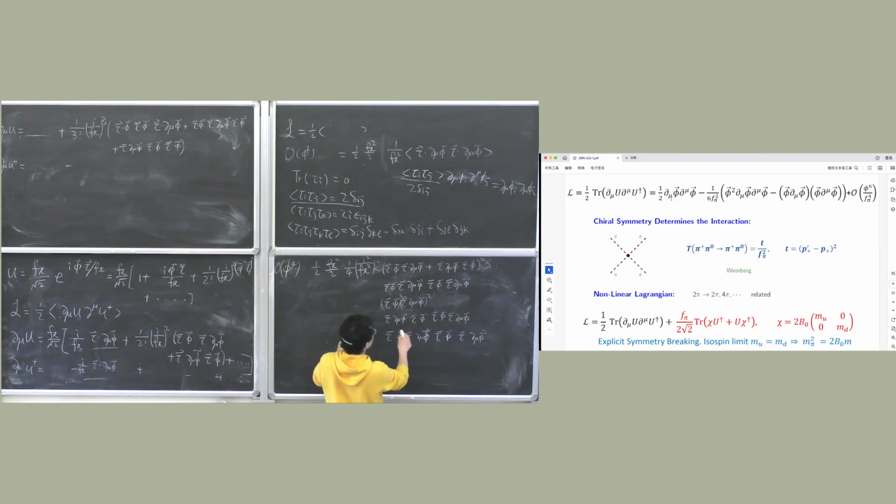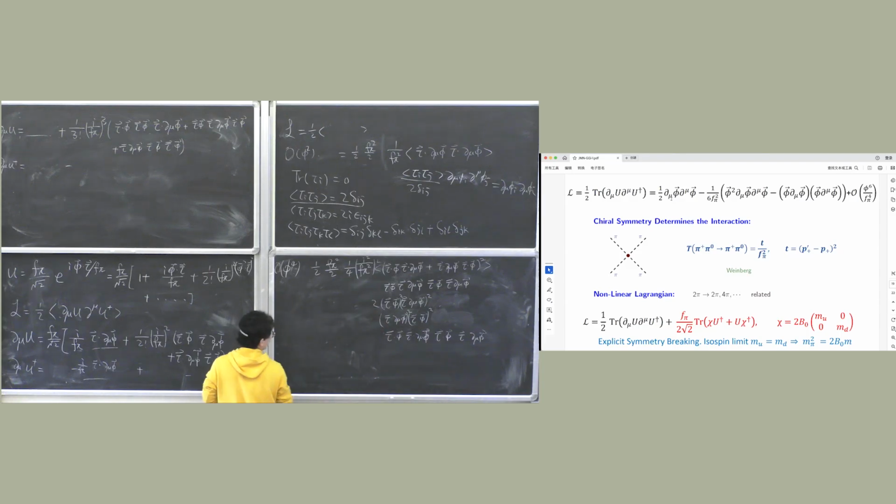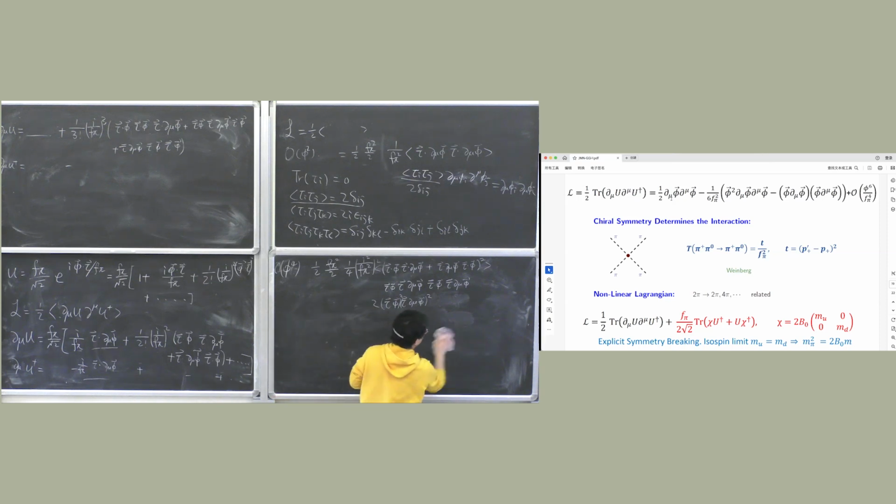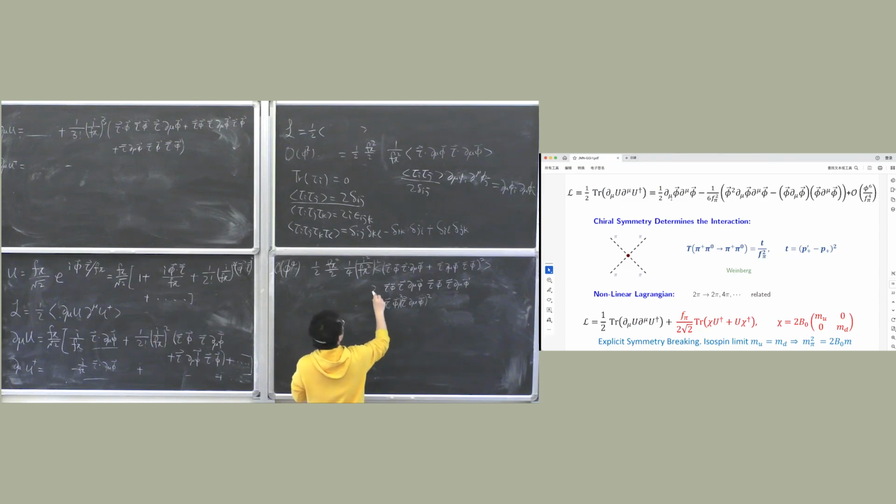Okay, also these two are square, and these two are square. So these two are the same. We just put factor 2. And similarly, these two are the same. Something like this.